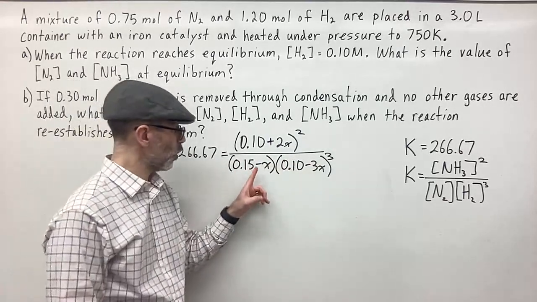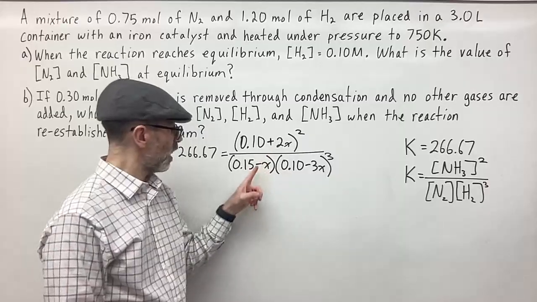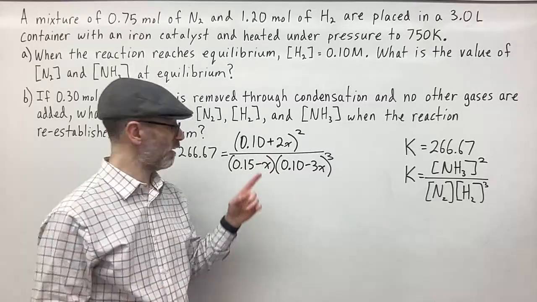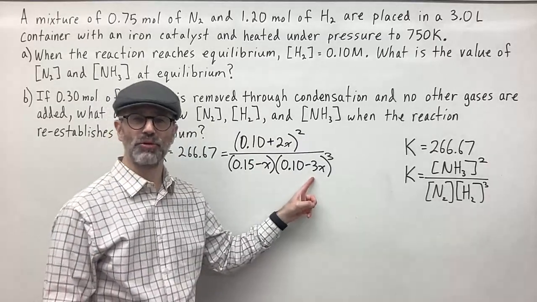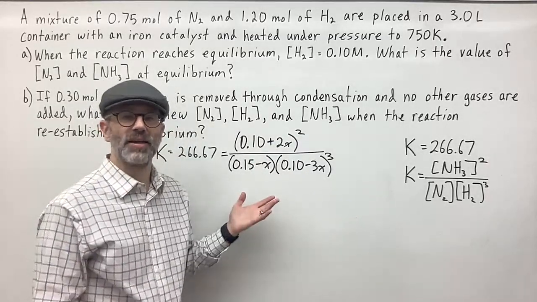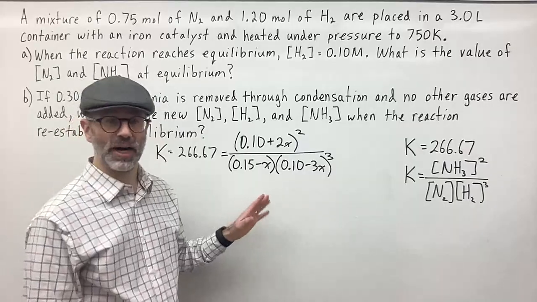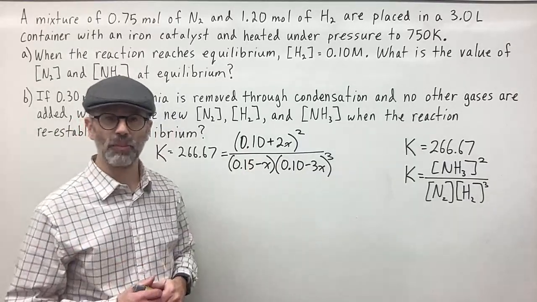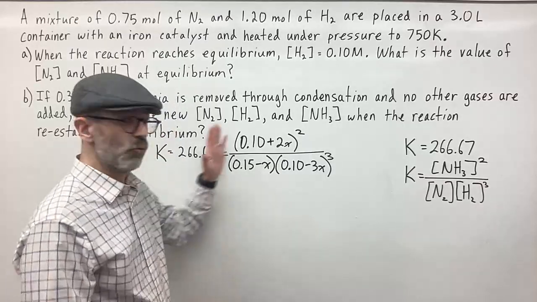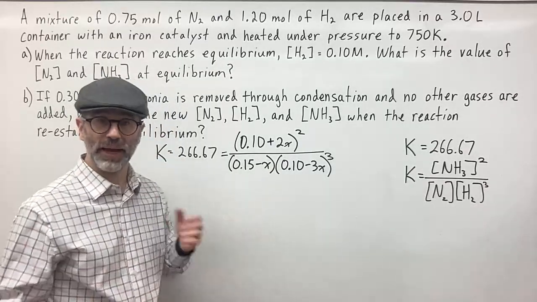Also, if we were to eliminate all the x's, we wouldn't have any x's left, because we're adding 2x, subtracting an x, and subtracting 3x. If we applied the x is small approximation, all of these would disappear, and that would not help us at all. So we have to solve the equation.